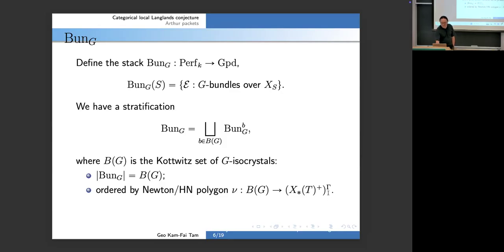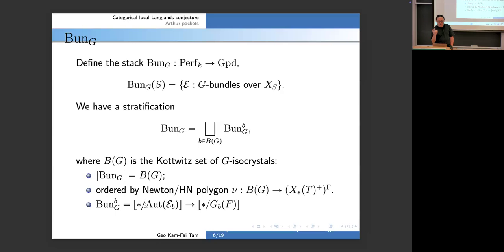This set has a natural order if you also fix a Borel. So this order is brought to B(G).